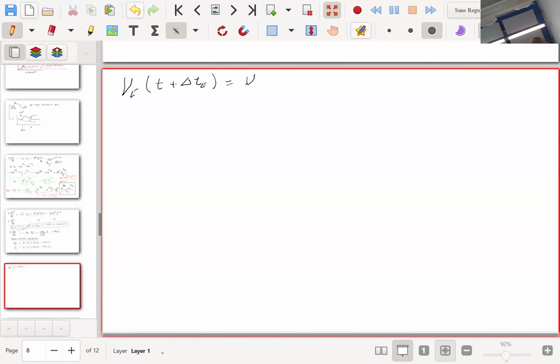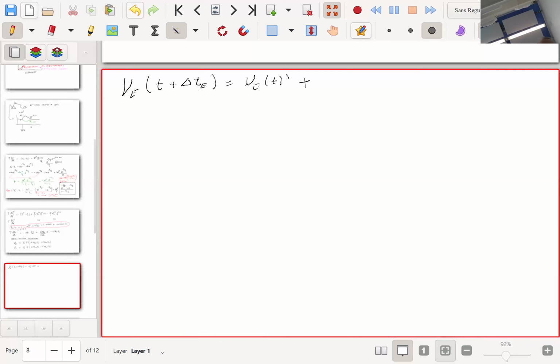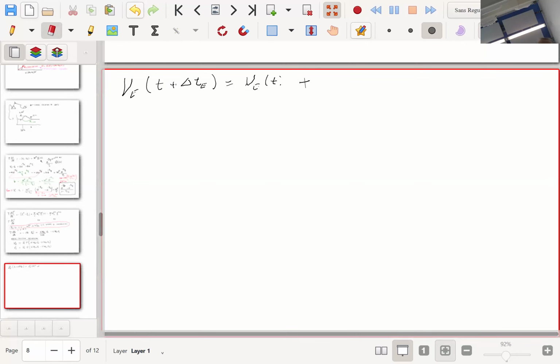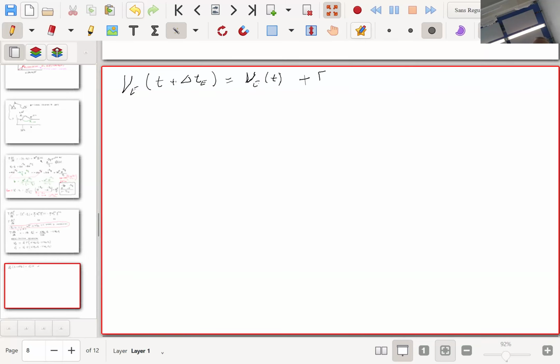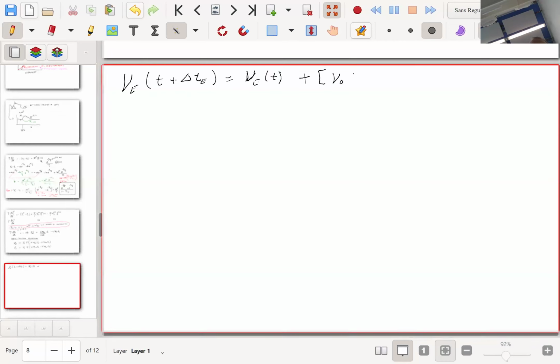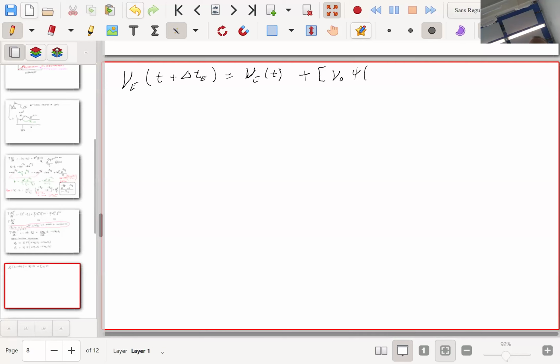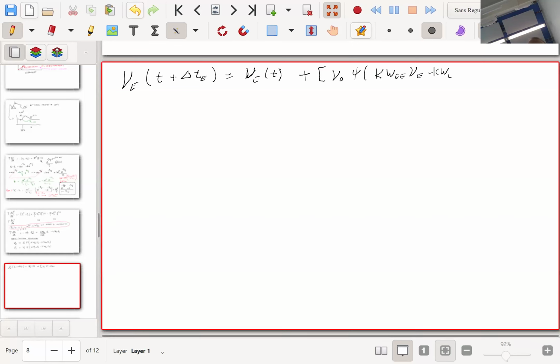It equals nu E at time t plus, remember as before, nu 0 psi of k w e nu E minus k w e I nu I minus d.